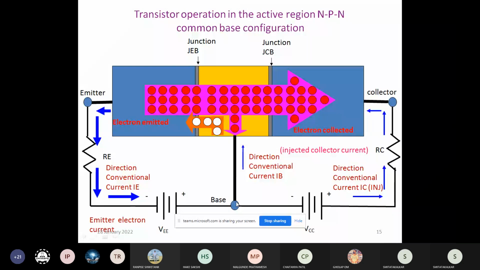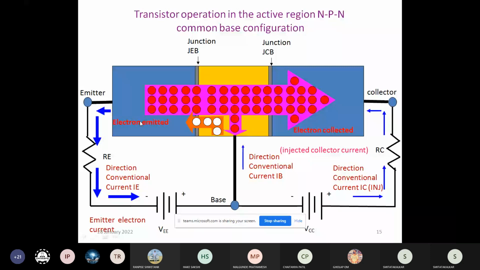Here is the orange color arrow and white color bubbles, these are the circles or balls. The yellow color ones are the holes. These are the electrons, this is the N region and here is the P region.